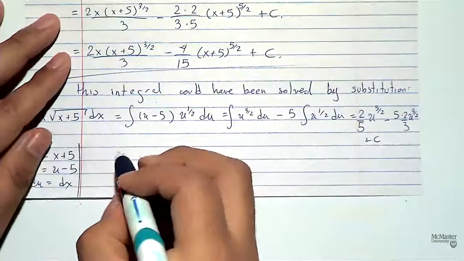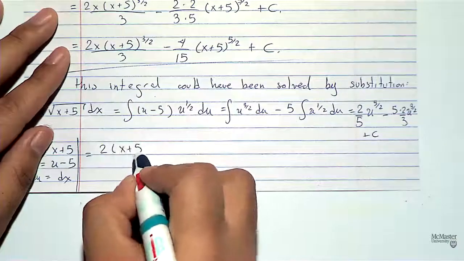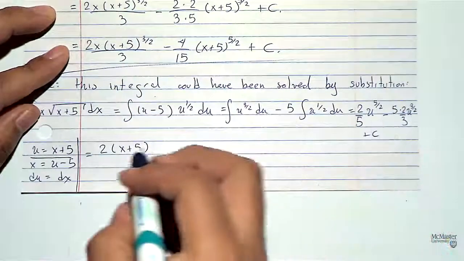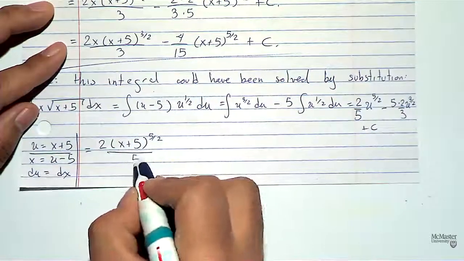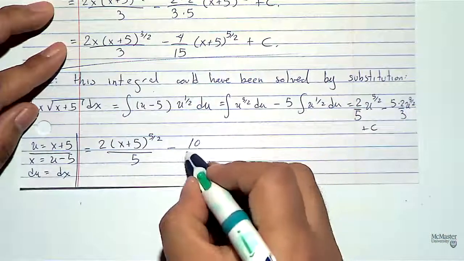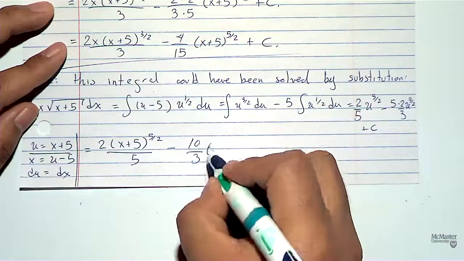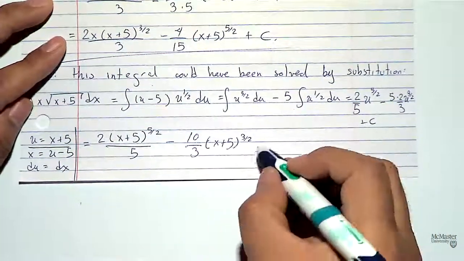And if you put everything in a nice fashion, then what you will have is 2 times x plus 5 to the 5 halves, divided by 5. Then you do the multiplication, 5 times 2 equals 10, divided by 3, u to the 3 halves, so x plus 5 to the 3 halves, and then plus a constant of integration.